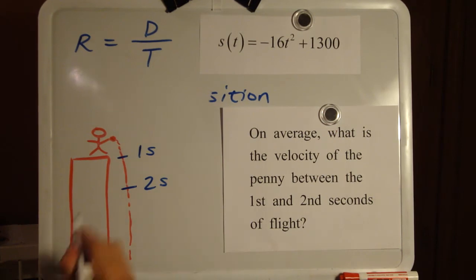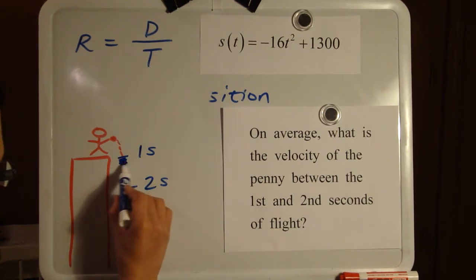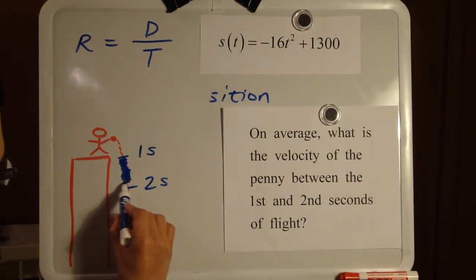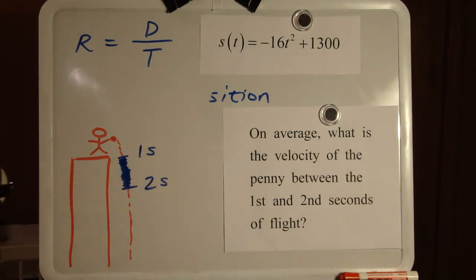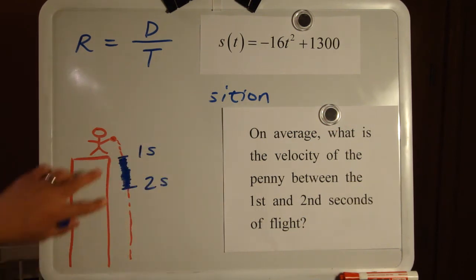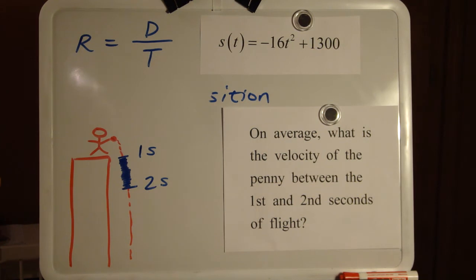And this question is all about if we could calculate how fast the penny is traveling here, we want to know on average, right, what is the speed of the penny over this window. So this does not involve any calculus. We can just calculate the distance traveled divided by the time that has gone by.